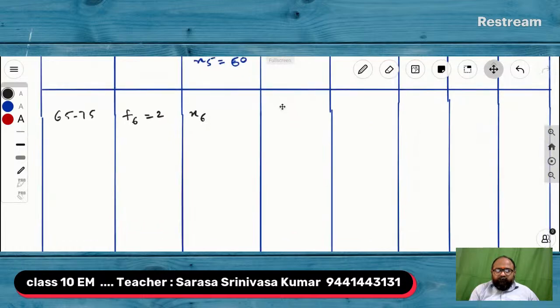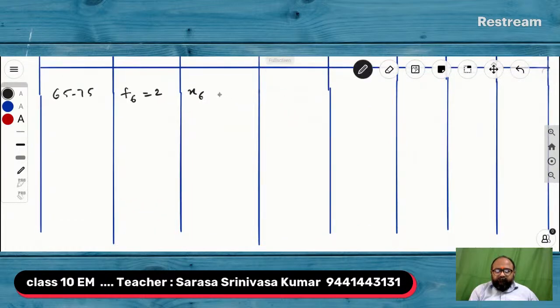Now we calculate X6, equal to upper limit plus lower limit by 2. 65 plus 75 by 2. So this is 140 by 2. Therefore, x6 equals 70.